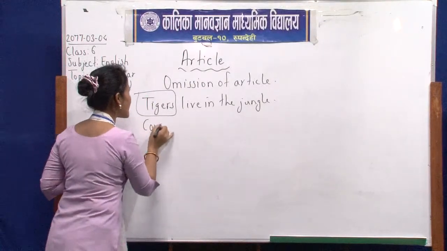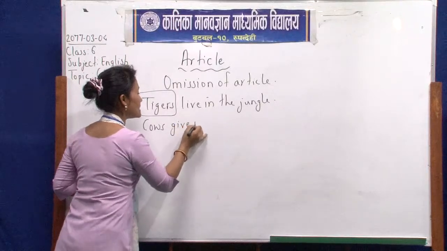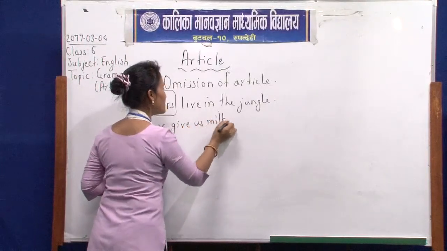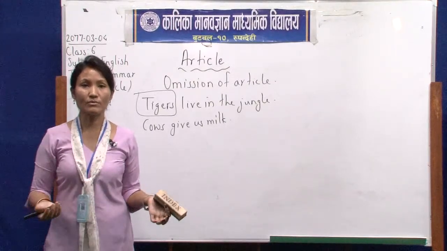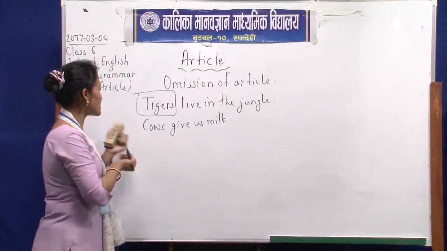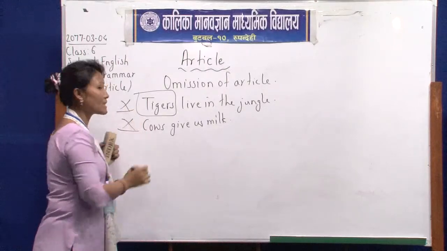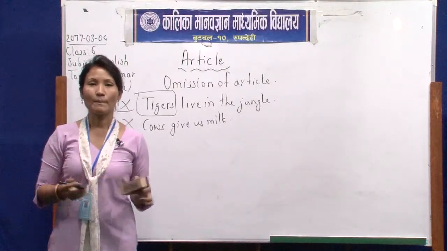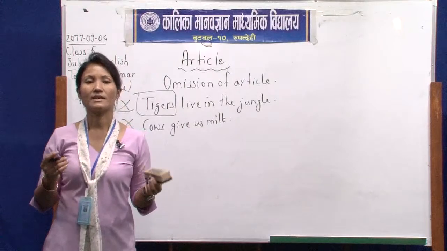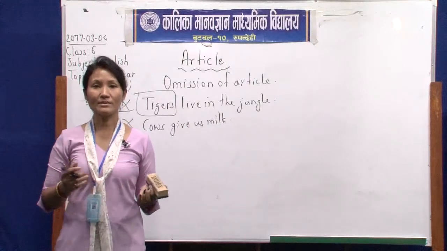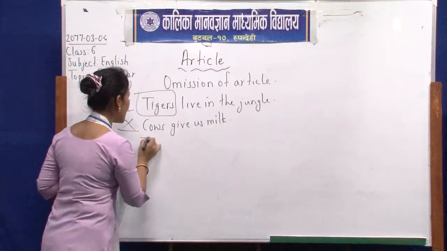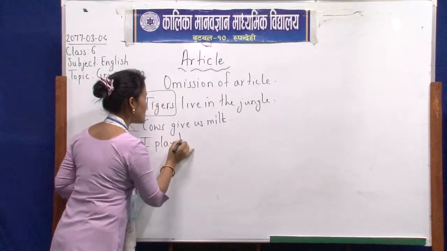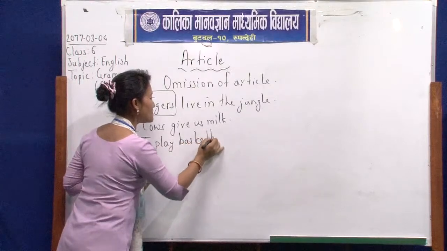Likewise, cows give us milk. Here we are not talking about one cow. All the cows, they give milk. We are talking in general, so we are not going to use anything over here. Likewise, next is that all the sports materials also don't take an article. For example, I play basketball.